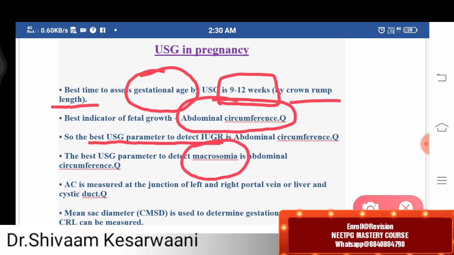So in macrosomia, don't mistake it as head circumference, it is the abdominal circumference. So 3 MCQs from abdominal circumference. I hope you won't make it wrong now.